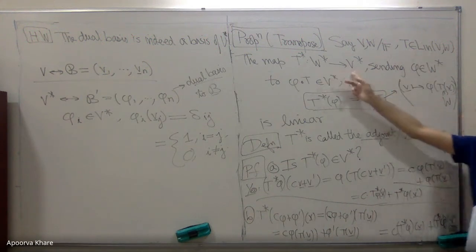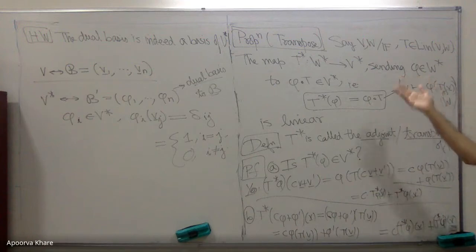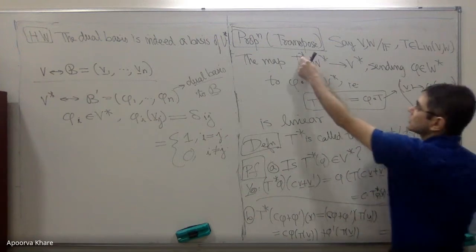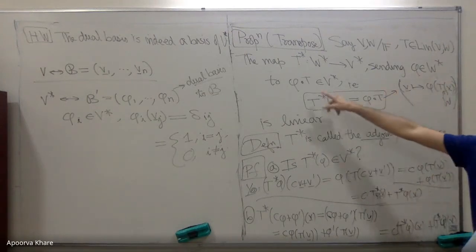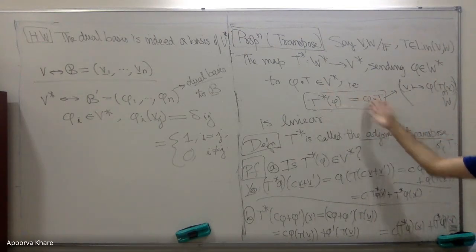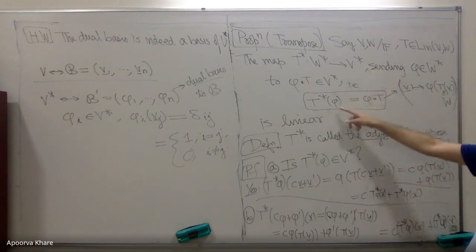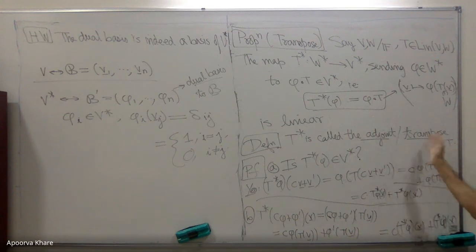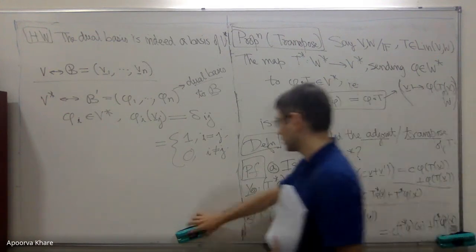Then there exists a linear map called T star, or T transpose, sending the map phi in W star to phi compose T, or T star phi. That map is linear. It is called the adjoint of T or the transpose of T, and you have to check that it's in V star, and that is not hard to check.